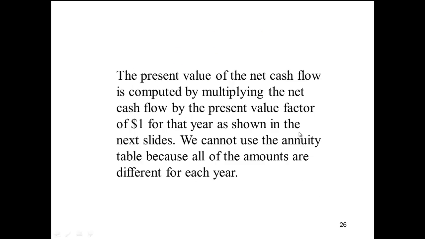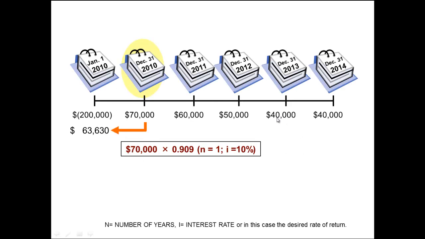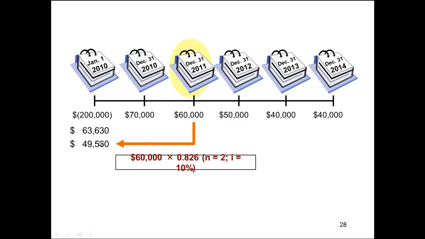So $70,000 times that present value figure we're given there, where N is the number of years and I is the interest rate. So if we had $63,630 and we could earn 10%, after year one, it's going to be worth $70,000. This amount here, after 2 years at 10%, is going to be worth $60,000.